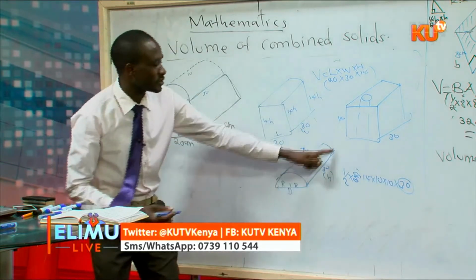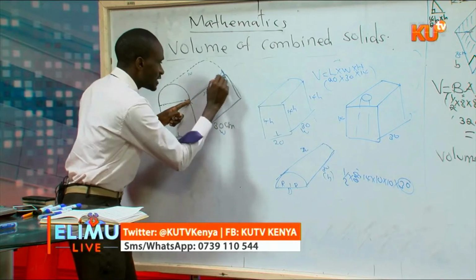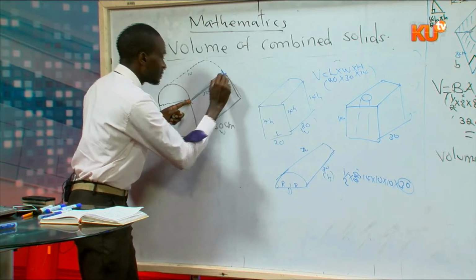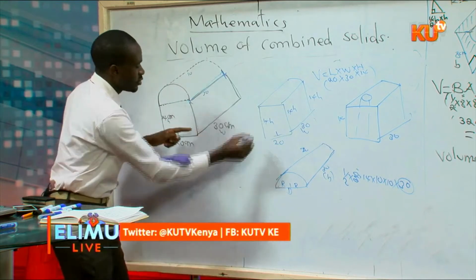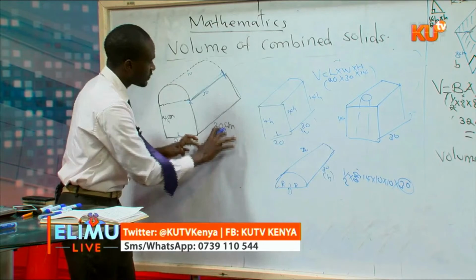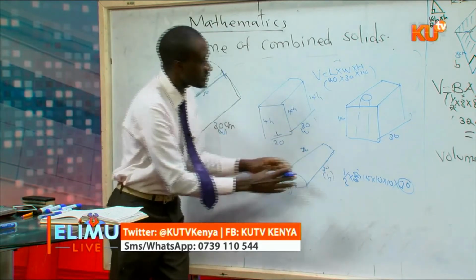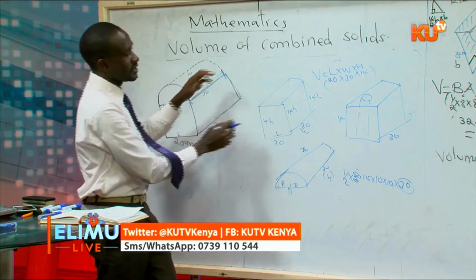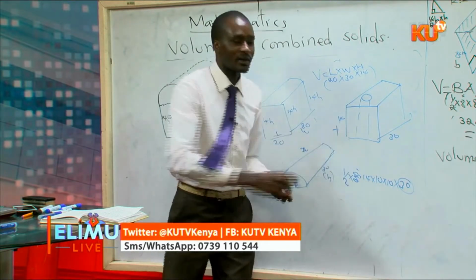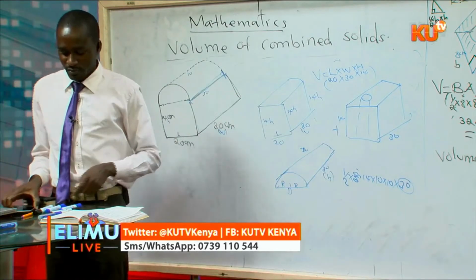I know this is where you are getting confused. The height of that half a cylinder is this one. Remember, for the cuboid, it is width. So you break them one by one. You solve the lower one, you get your answer. You solve the upper one, you get your answer. Because this was added, you add the two.